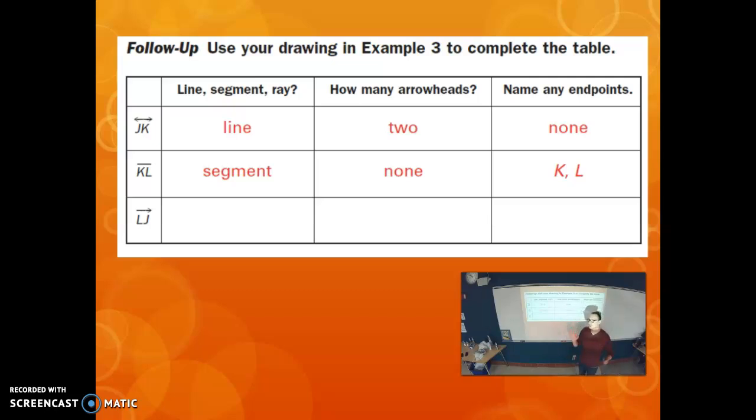We are not super creative when we name things in geometry. Okay? Endpoints are where the points end. LJ is a ray. We know that because we have exactly one arrow. And because it's a ray, we'll have one endpoint. Our endpoint will be the side that does not have an arrow. So point L is our endpoint there.